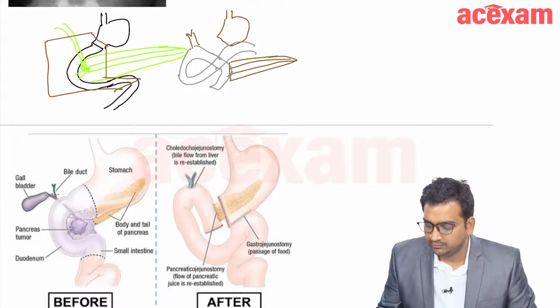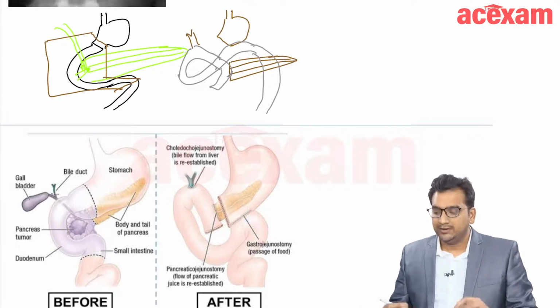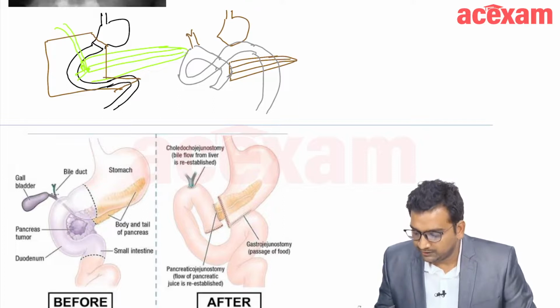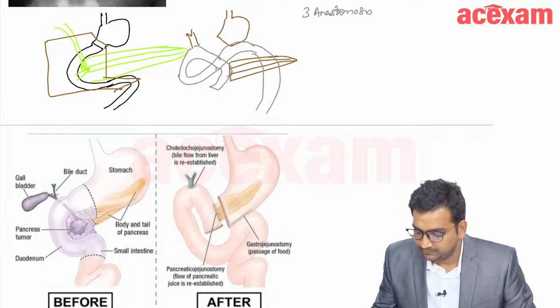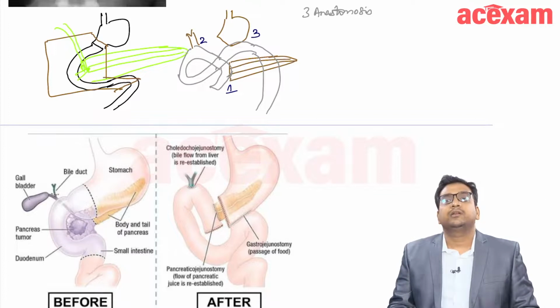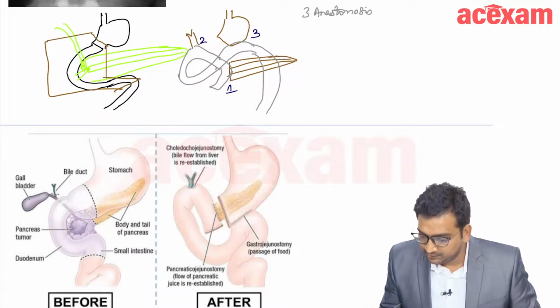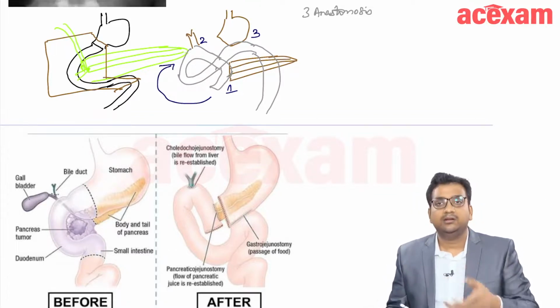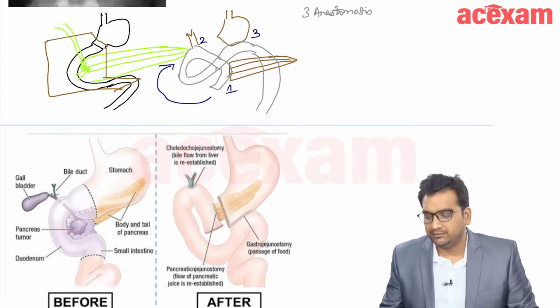And then it goes in the abdomen. Okay. So here in total, there are 3 anastomoses. I'll first label them 1, 2, and 3.